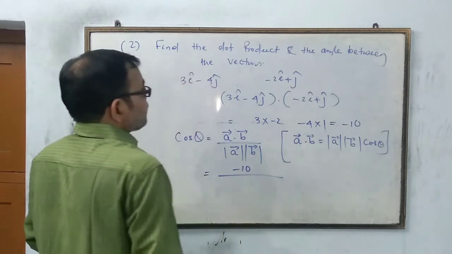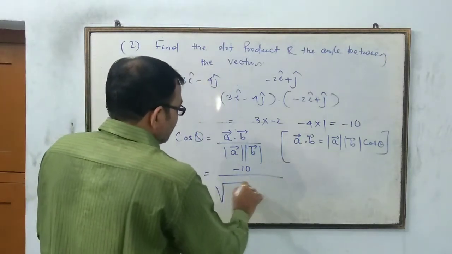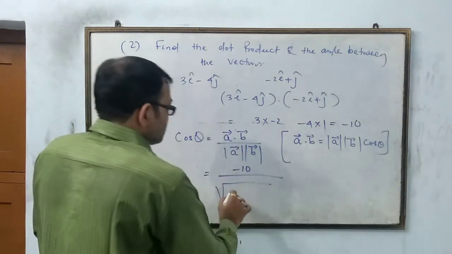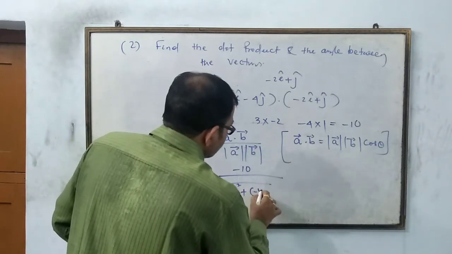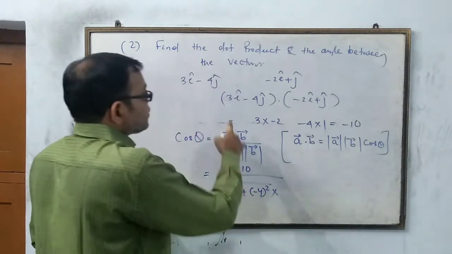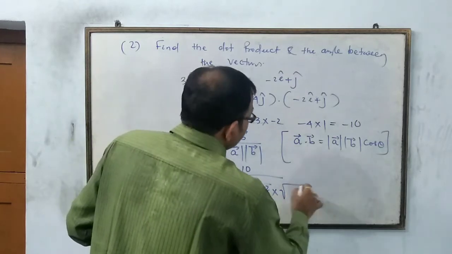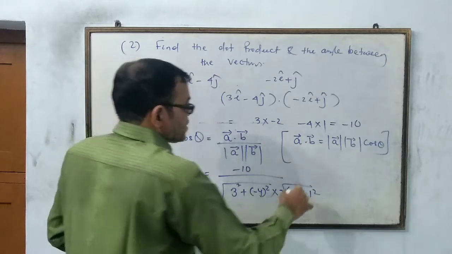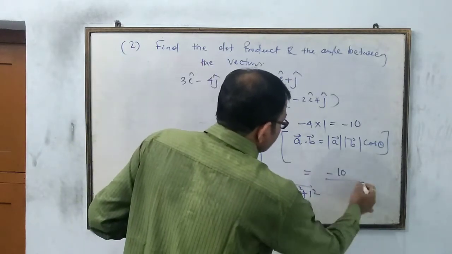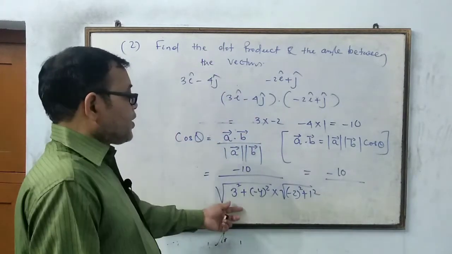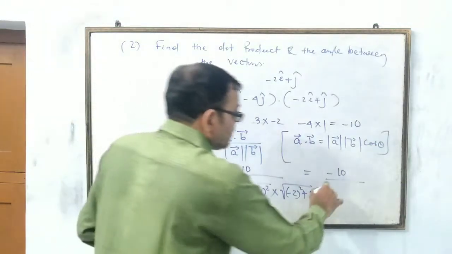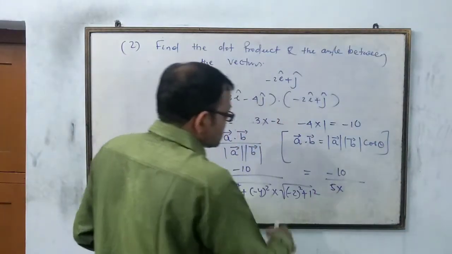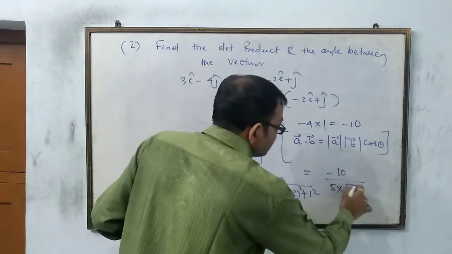What is the magnitude of a? It is the root of i coefficient square plus j coefficient square, and the magnitude of b is root over minus 2 square plus 1 square. So the answer is minus 10 upon root 25, which is 5, into root 5.